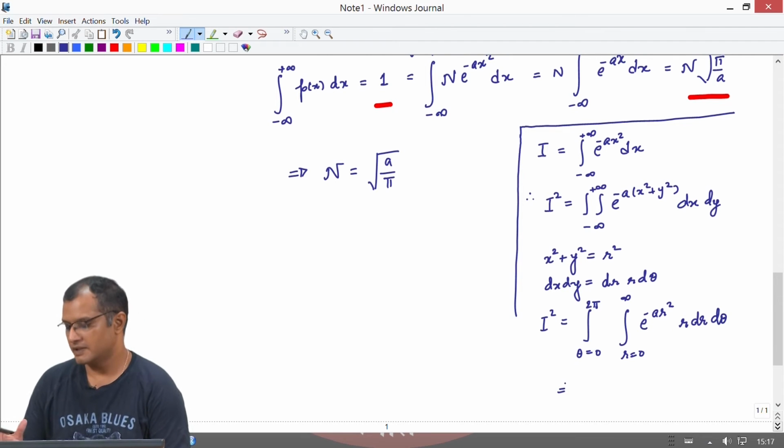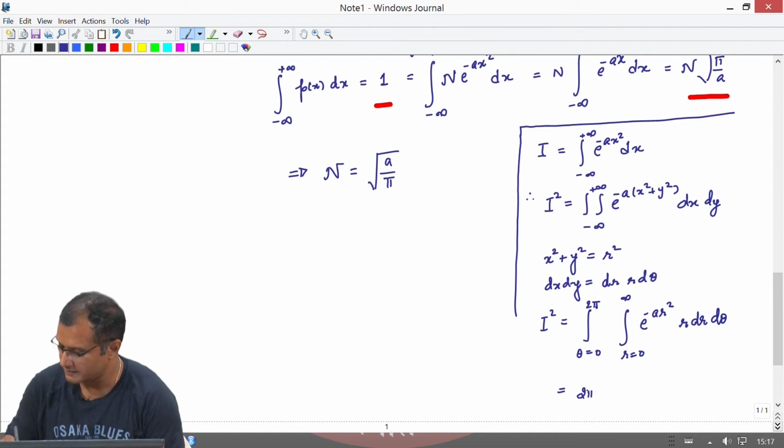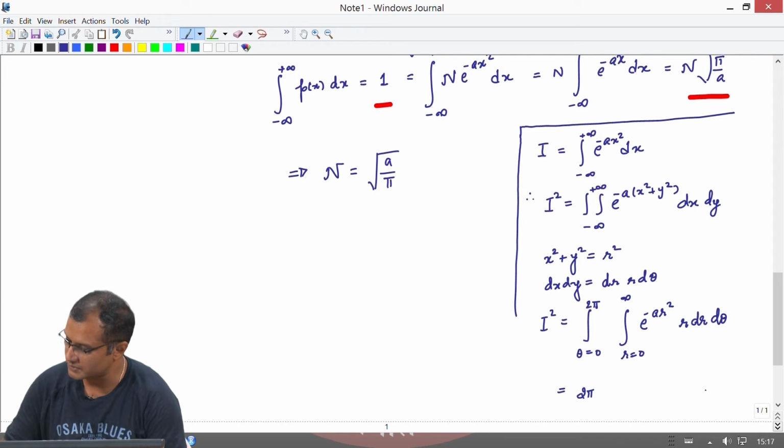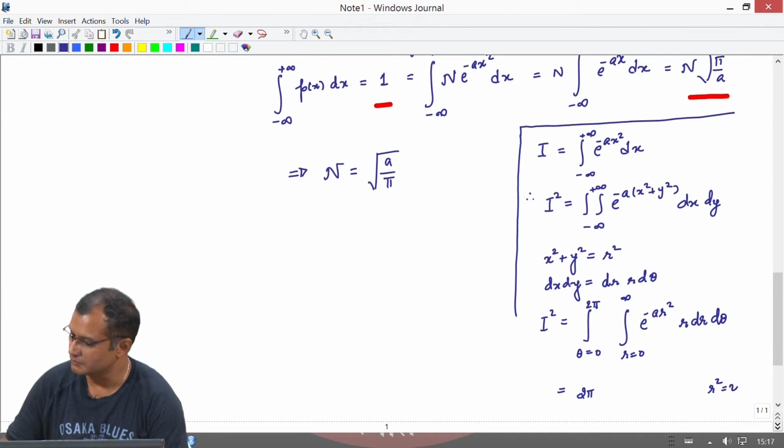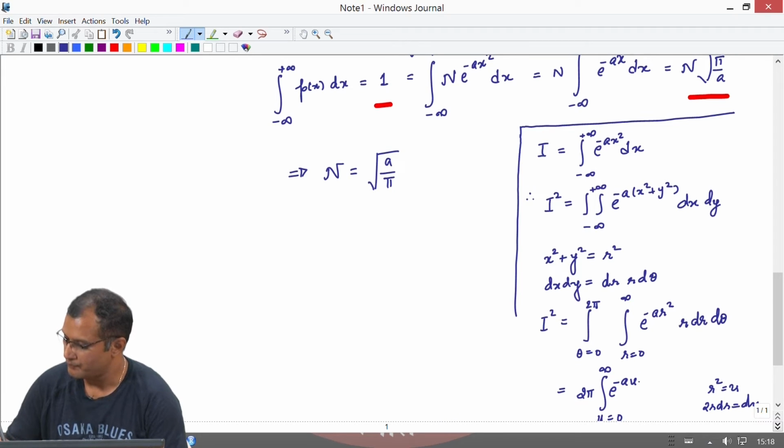Okay. Integral on theta simply gives me a factor of 2 pi, and if I substitute r square as u, then I can write twice r dr as du, and the inner integral becomes the integral on u going from 0 to infinity of e to the power minus a u du by 2.